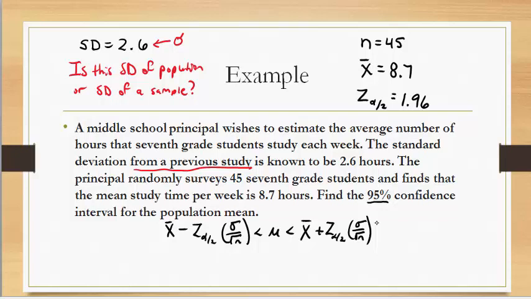Okay, so let's go through and plug our numbers in. So we'll put an 8.7 in for the x bar. The z alpha over 2 we've already said was 1.96. The standard deviation of our population is 2.6. And our sample size is 45. And then we're going to have exactly the same thing on the other side, but with a plus.